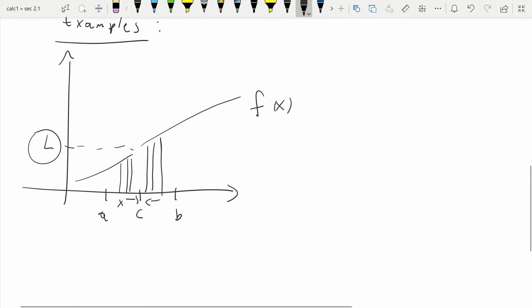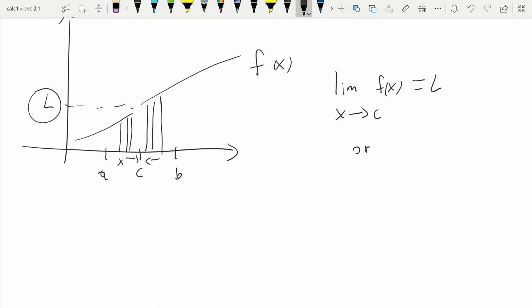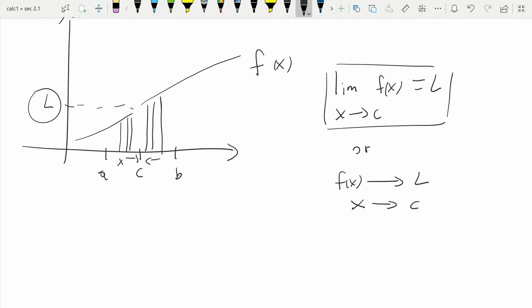And this is what we'll usually write. So we'll write in this case that the limit of f of x as x approaches c is equal to L, or that f of x tends to L, or goes to L as x goes to c.